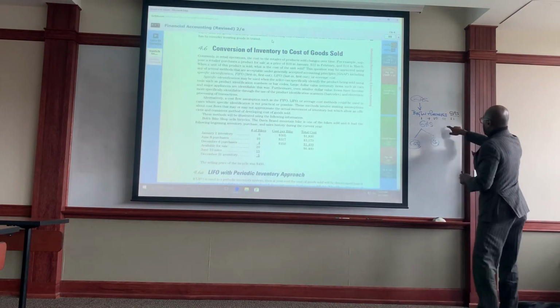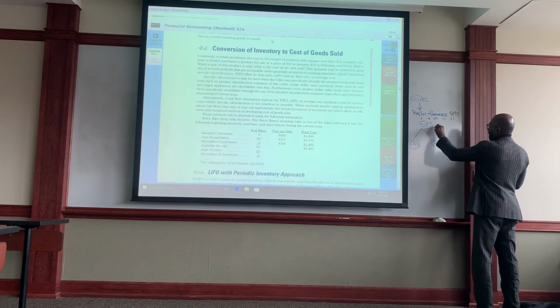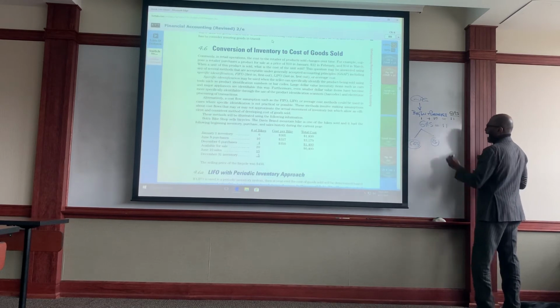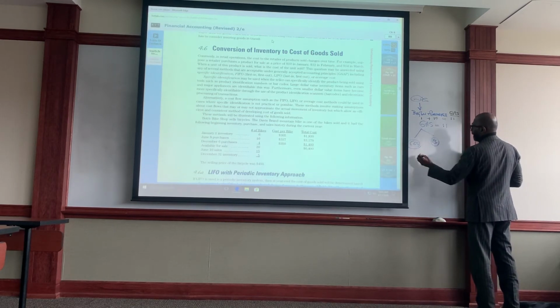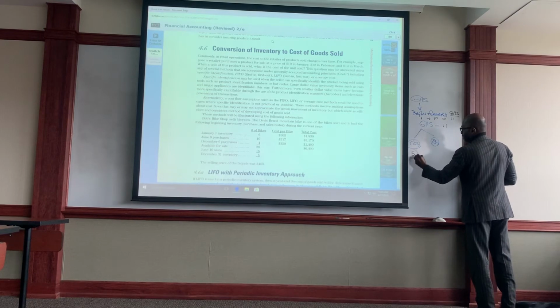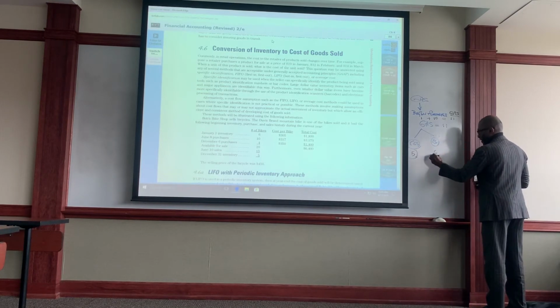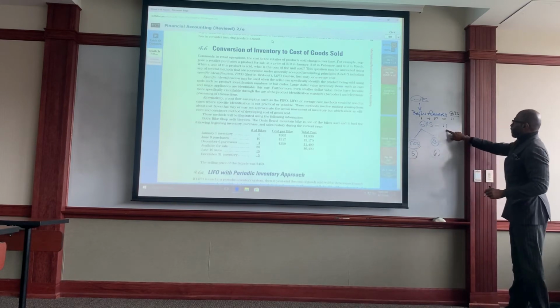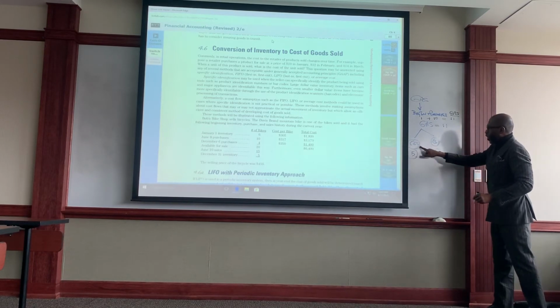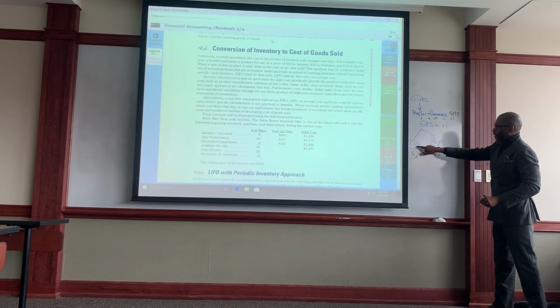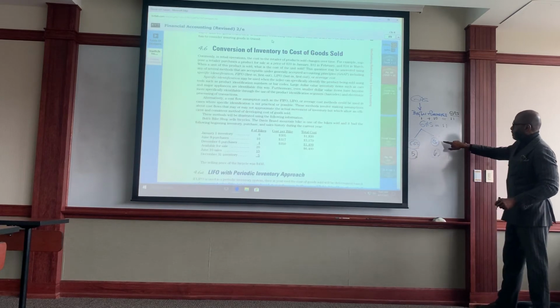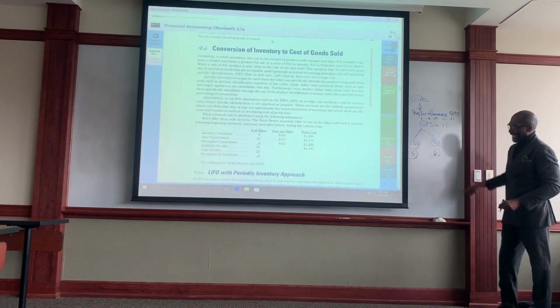I got 11 watches available for sale. I sell, let's say, 5 of those watches. How many watches do I have left? 6 watches. So my goods available for sale of 11 can also provide me with the number of units sold and then the number of units left in ending inventory.